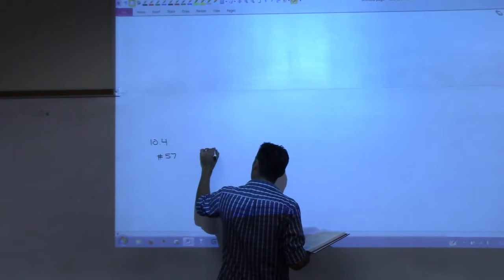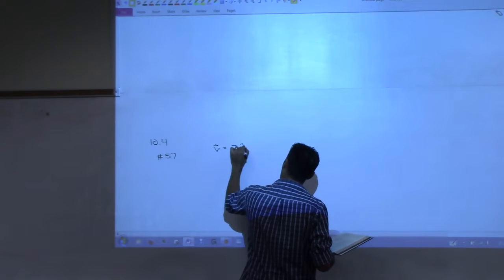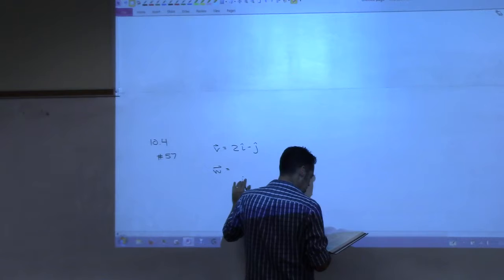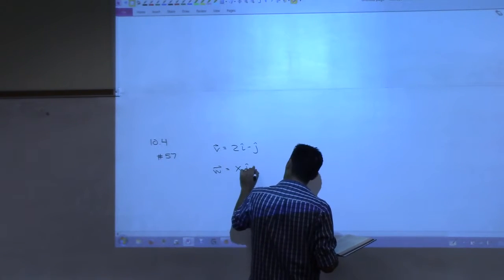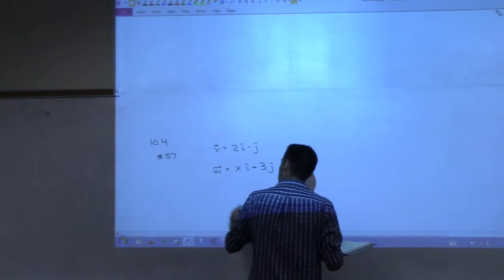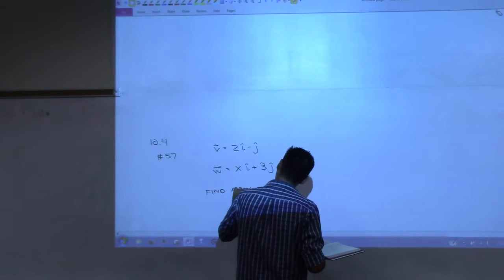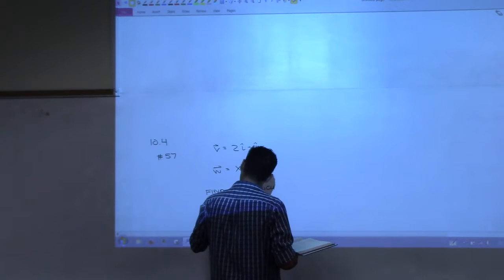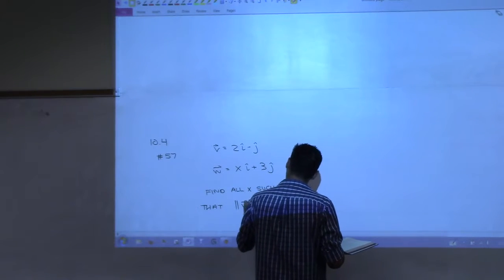Number 57 says if V is equal to 2i hat minus j hat, W is equal to x i hat plus 3j hat, find all x such that, they use double absolute value bars, and I told you that was the same as the magnitude, right?